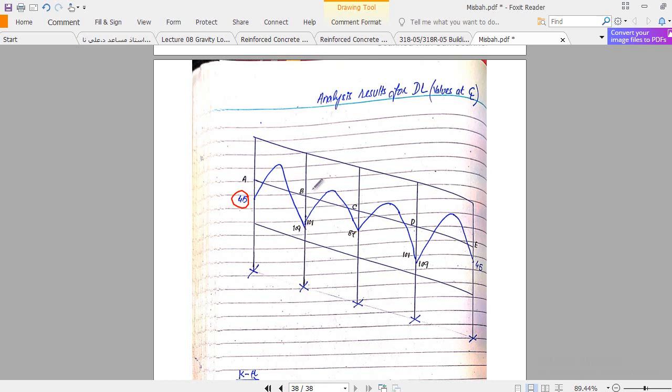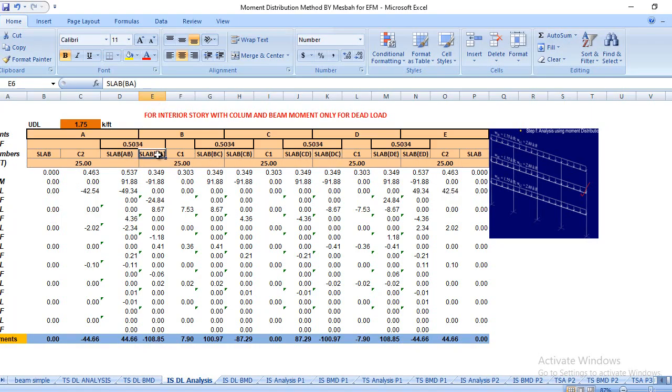This is span AB, so AB, BA, BA, you have to search here BA, and this is my BA, so that's why I'm taking this moment. This is with a negative sign, and this is with a positive sign. Positive sign means that this moment is in anti-clockwise direction. Negative sign means this moment is in clockwise direction. Similarly, for BC, you have to choose this one. For CB, you have to choose this one, and so on. Clear?